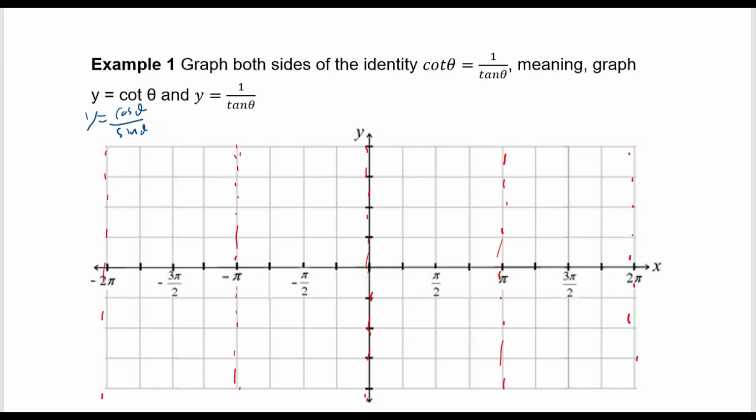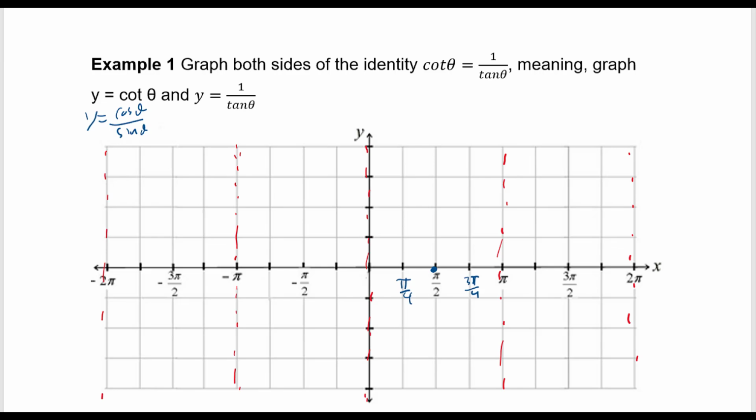And so for our cotangent theta, if we want to take some values, we know that pi over 2 is going to be a 0. These will just repeat, so I'll just work on this one segment, and then we can repeat it. This would be pi over 4, and this would be 3 pi over 4.